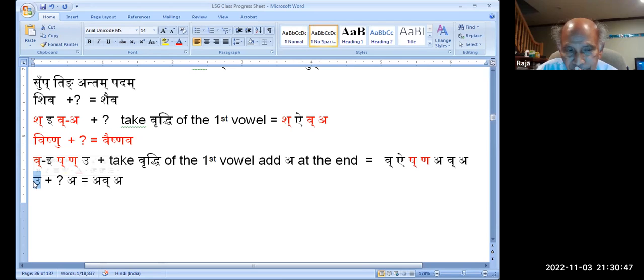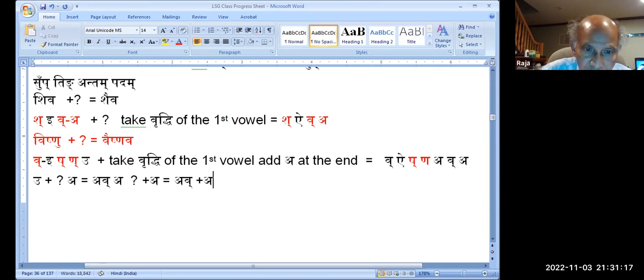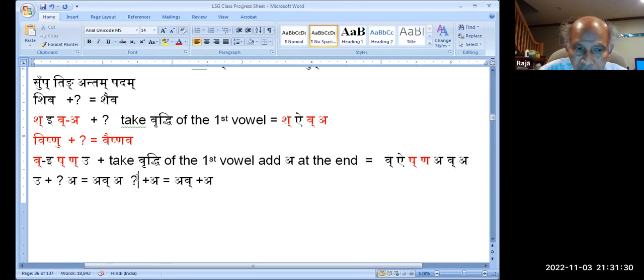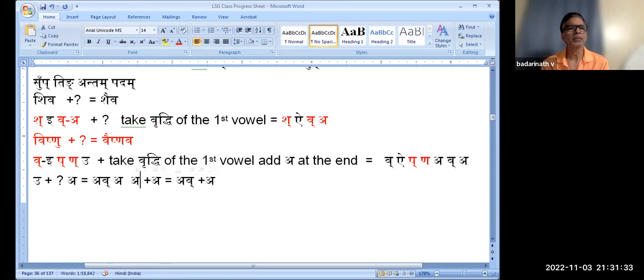What's the relation between U and O? We have to somehow make this as something plus A that will give us Av plus A. What is it that we need to add to A to give Av?